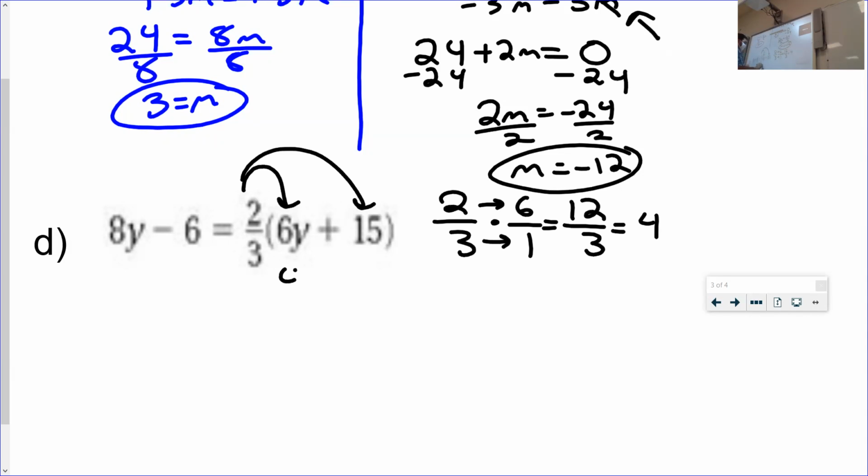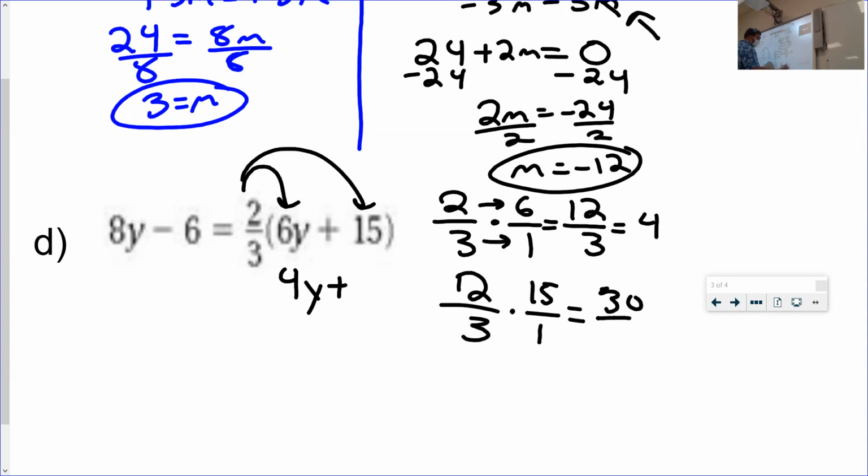So this is 4y plus, I'll do the other one, 2 over 3 times 15 over 1, 30 over 3, 10. So this is 10. So make sure you know how to multiply with fractions.